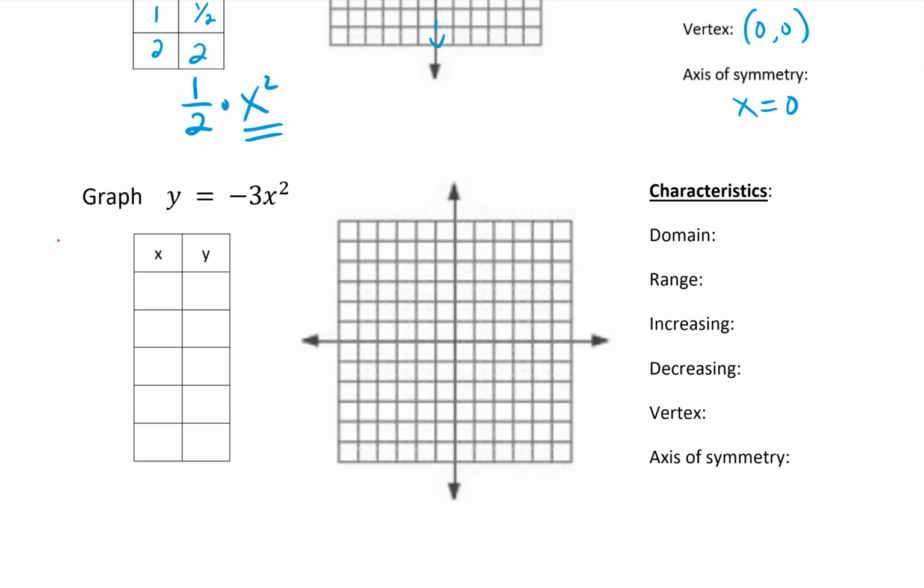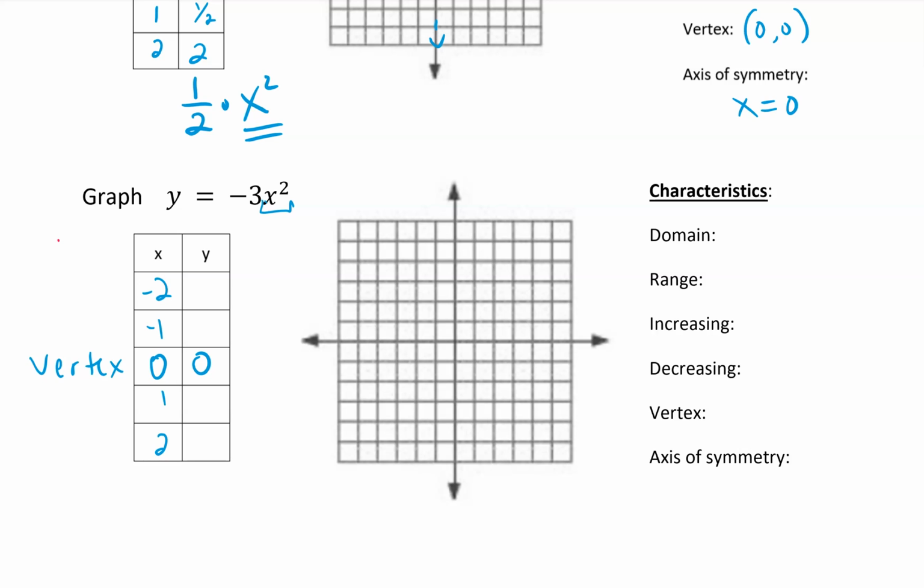Okay, since it's just y equals ax squared, again, the vertex is going to be at 0, 0. So we start by putting our vertex right here in the middle of the table. We're going to plug in the same values we've been plugging in, and we're just going to plug them in for x squared. Remember to do x squared first and then multiply by -3.